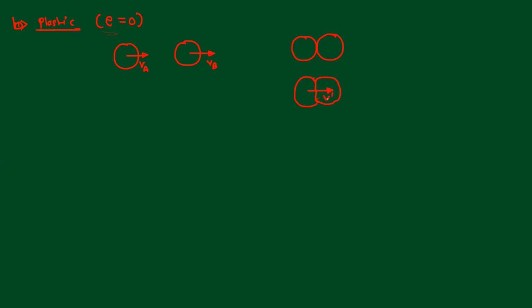So this is the velocity after the collision. Okay, it means that the velocity of A after collision, that is Va dash, is equal to Vb dash, and that is V dash. So they will stick together and move with the same velocity, that is V dash.